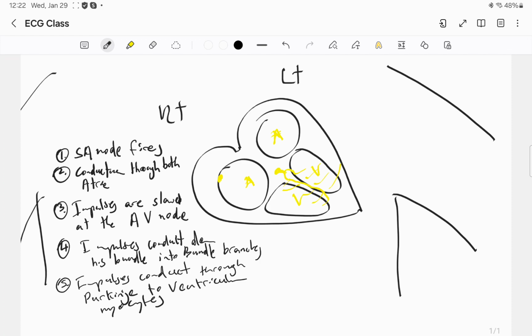What I want to highlight is, as we mentioned before, the electrodes pick up mean electrical vectors of tissues, not individual cells. So I think this is kind of a point of confusion, and not just any tissue.